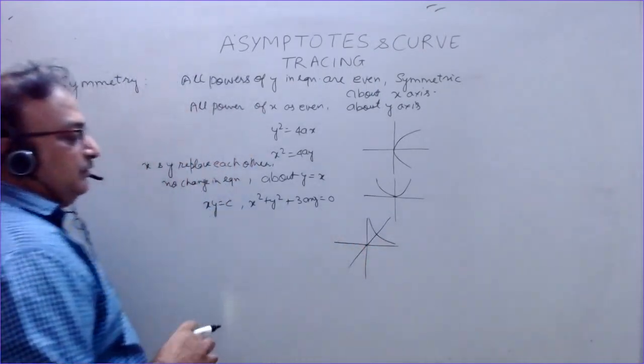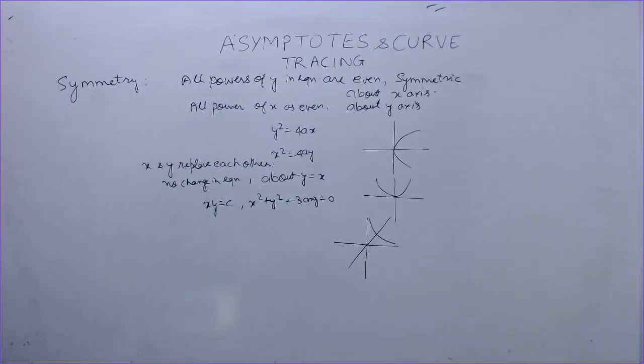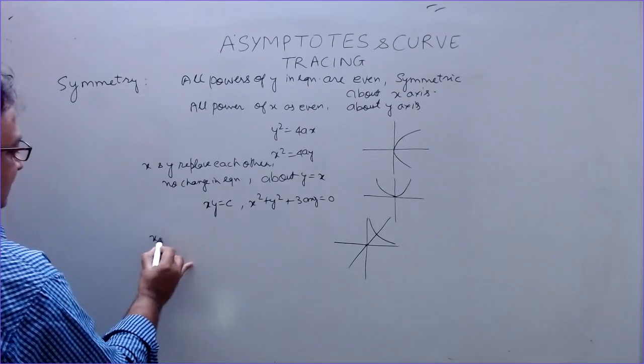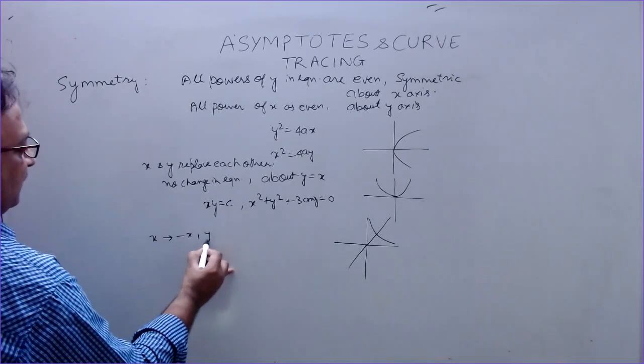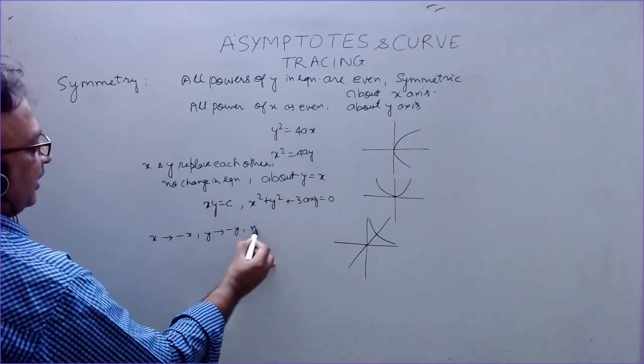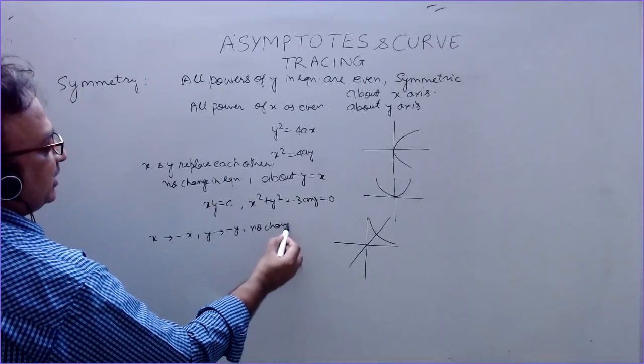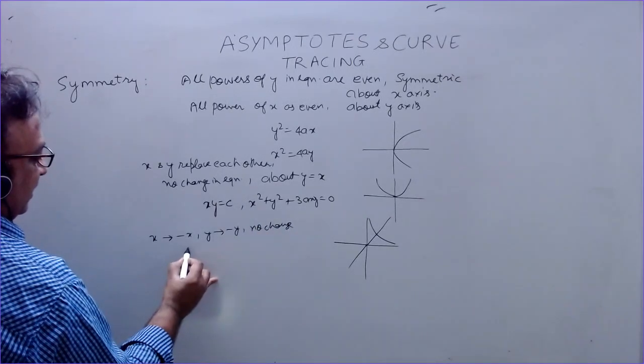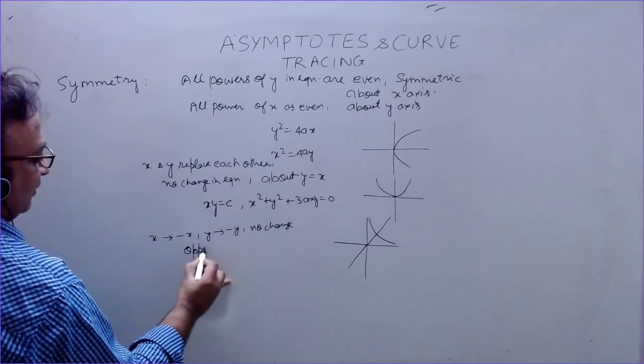Similarly, if x is replaced by minus x and y is replaced by minus y and there is no change in the equation, then it is symmetric in opposite quadrants.